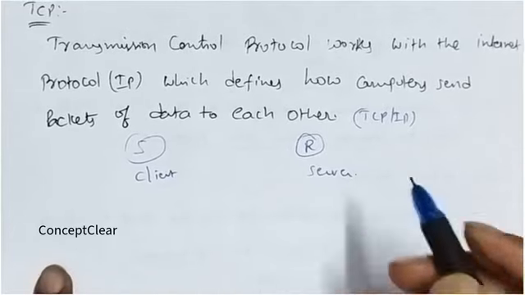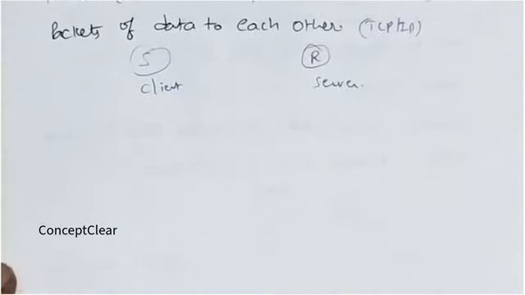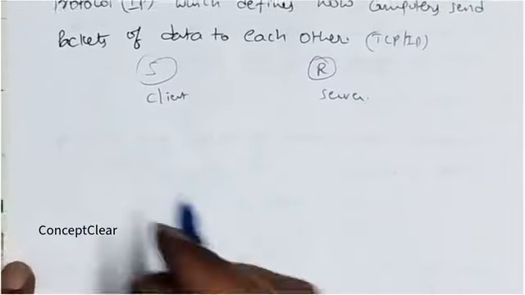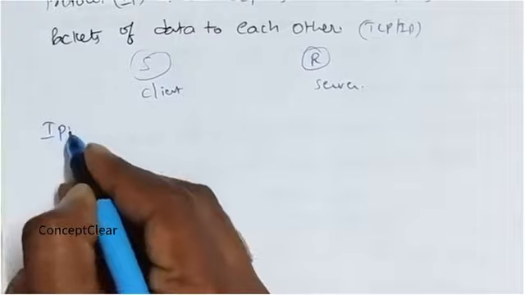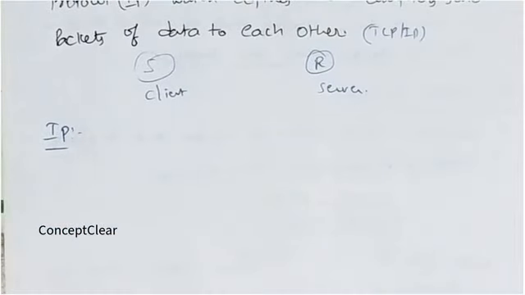The last one in the secure socket layer is the IP protocol. What is the meaning of IP? Internet Protocol. It is the set of rules governing the format of data sent via the internet or a local network. It observes how data is transferred over the network.